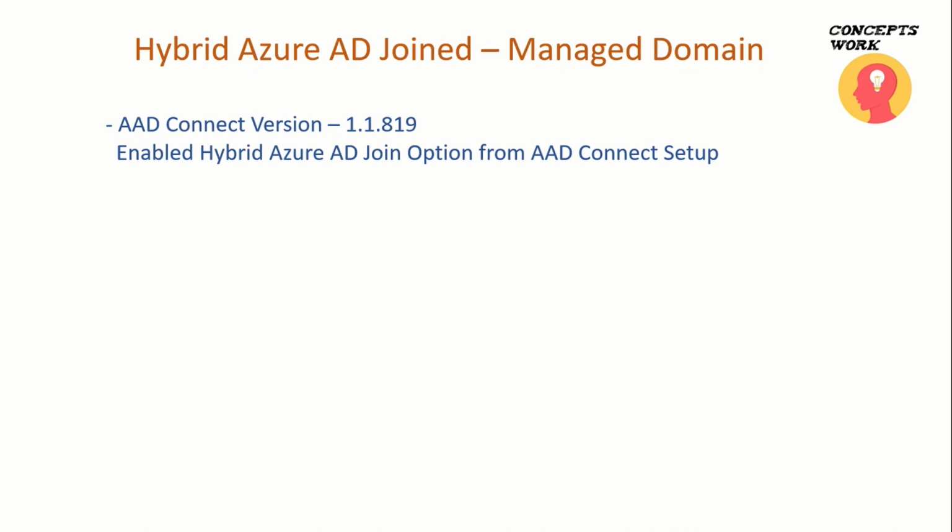Initially, it was a manual process where you were manually creating the SCP, service connection point, in the configuration partition of your AD, and Microsoft was also providing a script that you could run to get the SCP registered for you. But now all that process has been embedded in the console of AAD Connect itself, which I will be showing you in the lab demo.